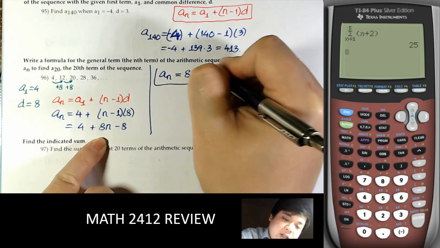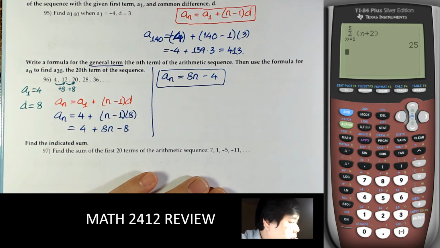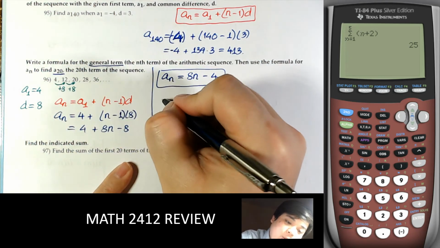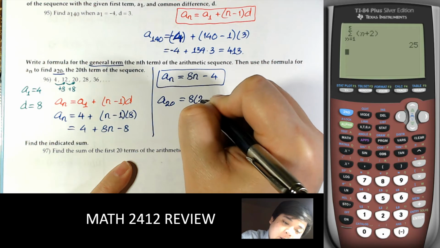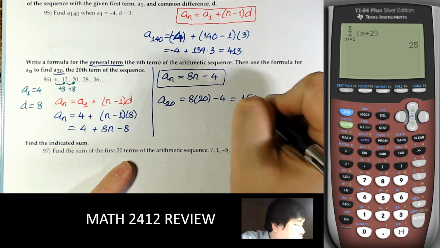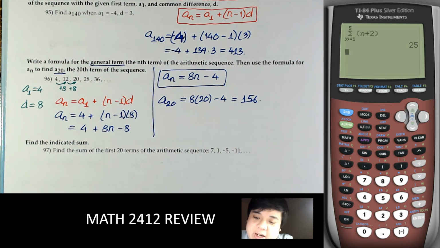So that is the general term of an arithmetic sequence. And then after that, we have to find a of 20. So put 20 in for n. 160 minus 4 is 156. Right, so that's what we have there.